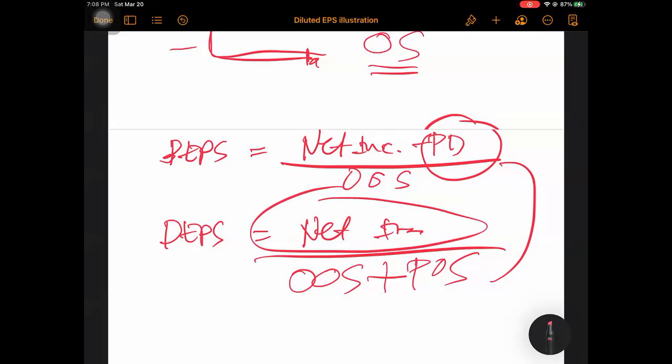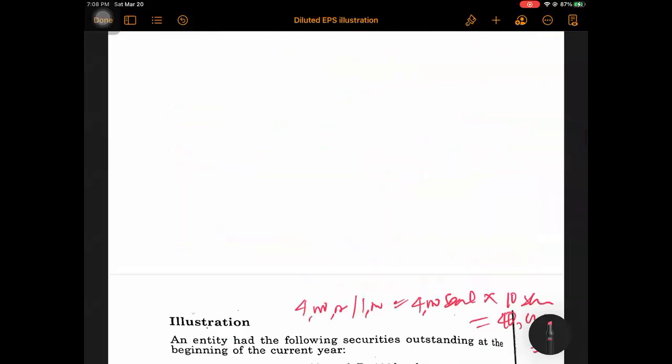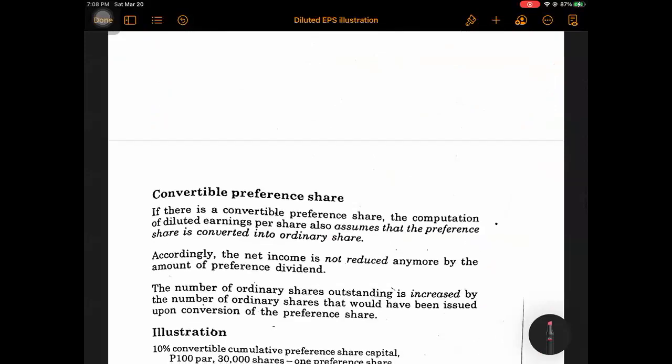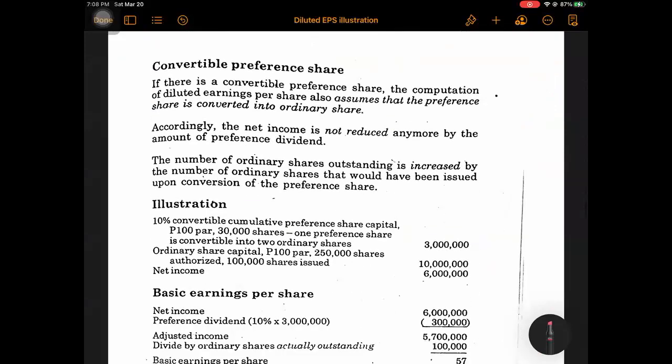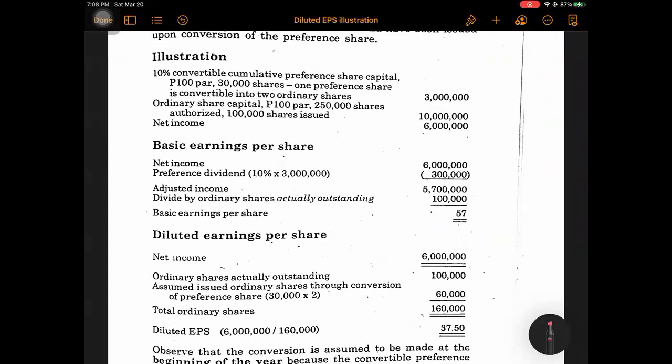Okay, let's have the illustration. So first scenario, okay, this is the first case. Okay, 10%. Take note, this is cumulative preference share capital. So that's 100 par, 30,000 shares. One preference share daw can be converted into two ordinary shares. Therefore, pila ka shares tanan?